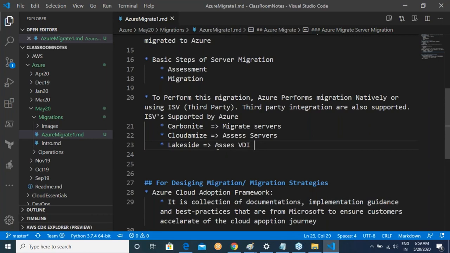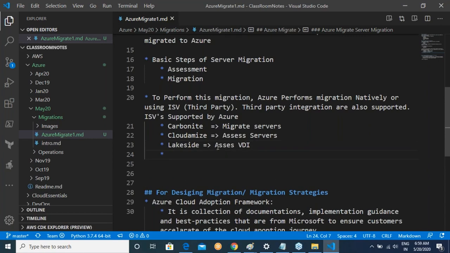Then Unify Cloud is used to assess servers and devices.